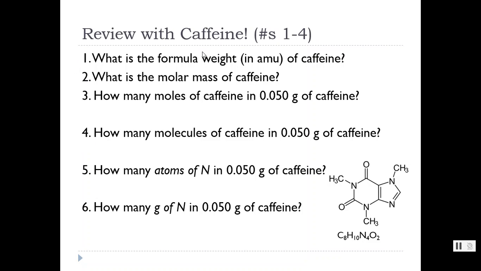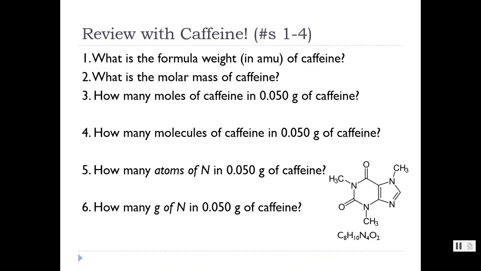But before we do any calculations, let's talk a little bit about the two formulas for caffeine that are down here. This first picture is the structural formula for caffeine. If you remember, structural formulas tell us how atoms are connected to each other through bonds.